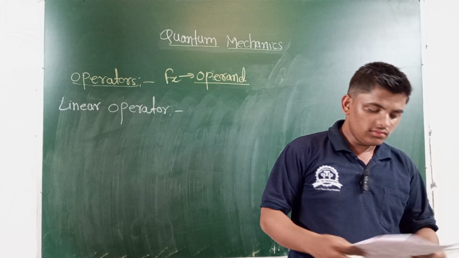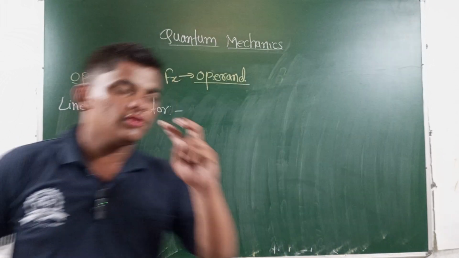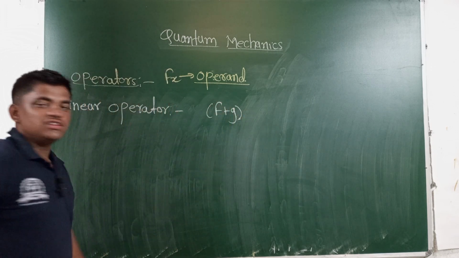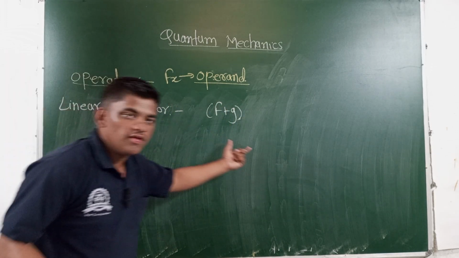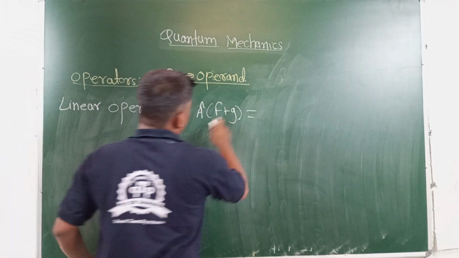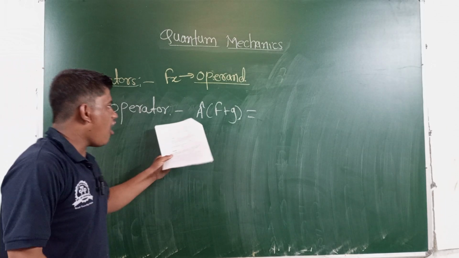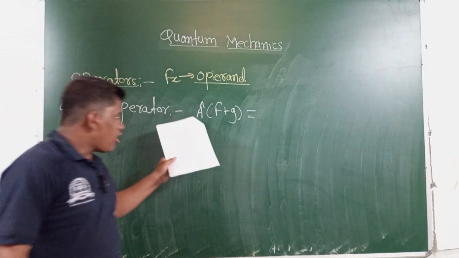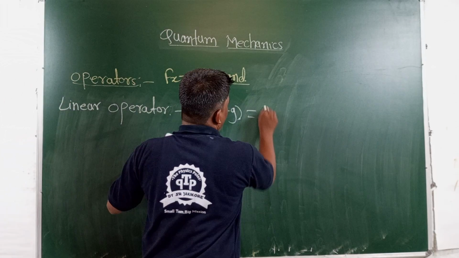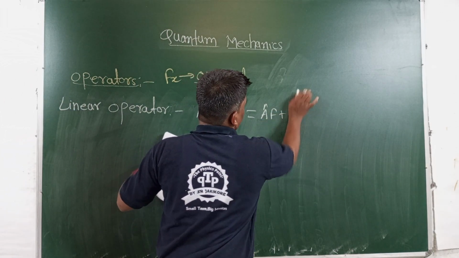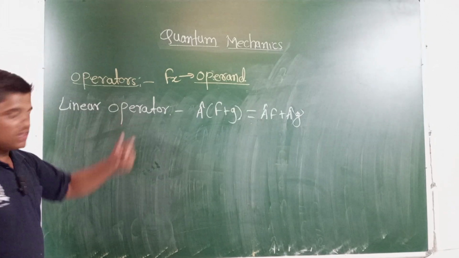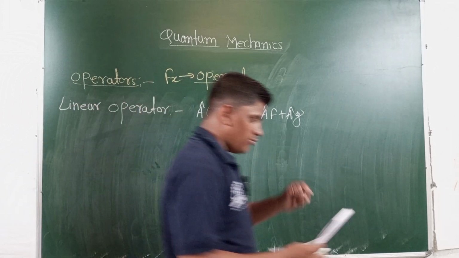If in the operating sum of two functions f plus g, the value obtained after summing these two functions is the same as applying the operator on f individually and on g individually and taking the sum, that is a cap of f plus a cap of g, then they are equal. This is called a linear operator. The definition I will read in my notes.